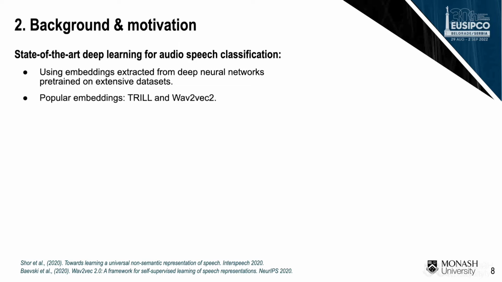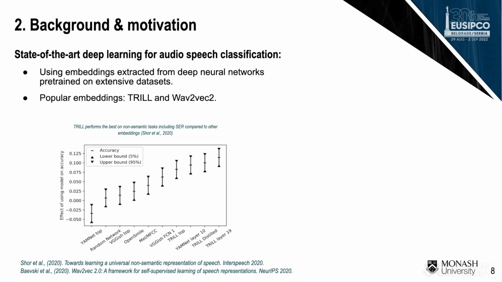There are two popular embeddings for audio speech classification, TRILL and Wav2Vec2. TRILL uses a variant of ResNet to learn representation from the Mel spectrogram. Compared to other embeddings, TRILL achieved the highest accuracy for several non-semantic classification tasks, including emotion detection.